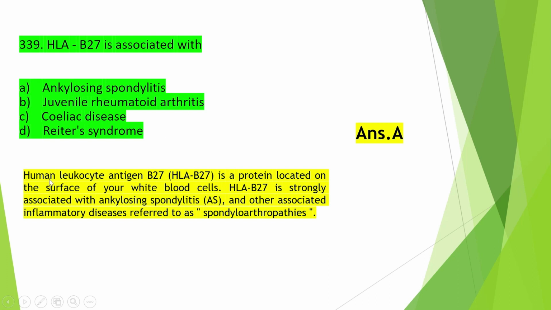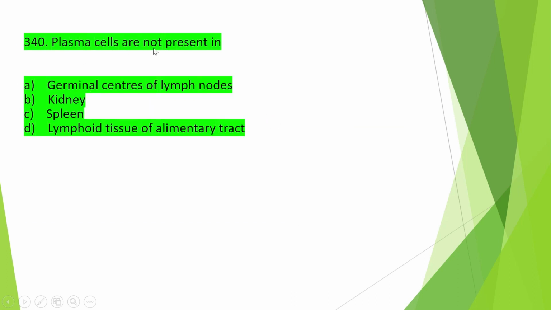Okay, and this human leukocyte antigen, that is HLA-B27, is a protein located on the surface of your white blood cells, and HLA-B27 is strongly associated with ankylosing spondylitis and other associated inflammatory diseases referred to as spondyloarthropathies.